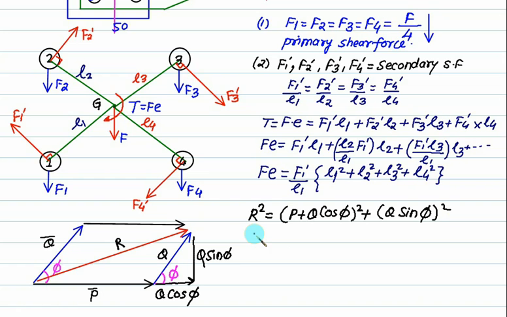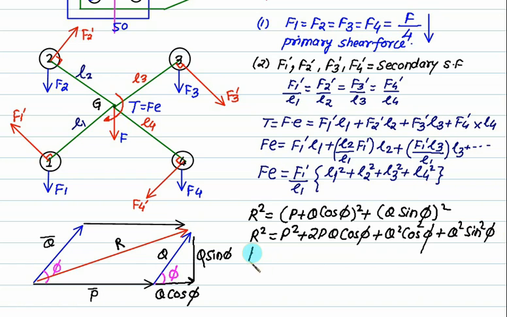So R square is equal to P square plus 2 times PQ cos phi plus Q square cos square phi plus Q square sin square phi.